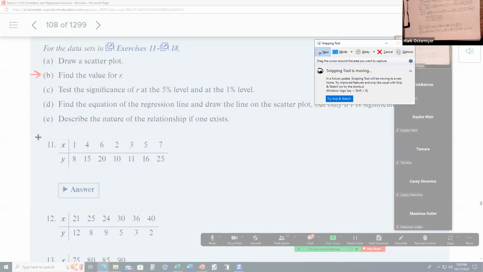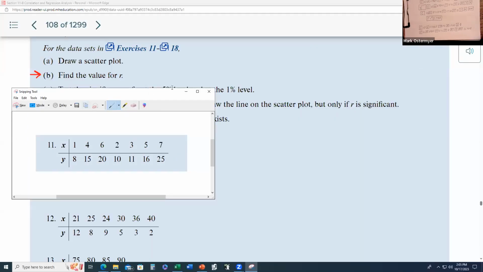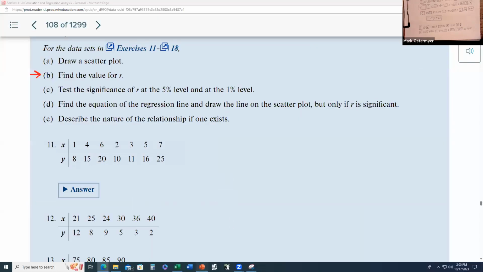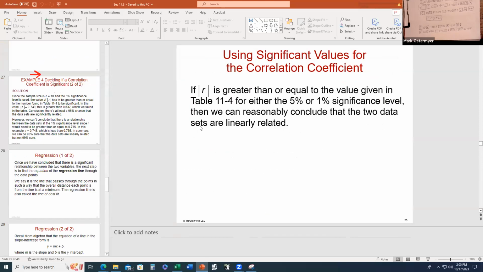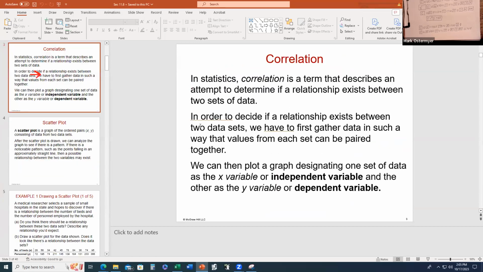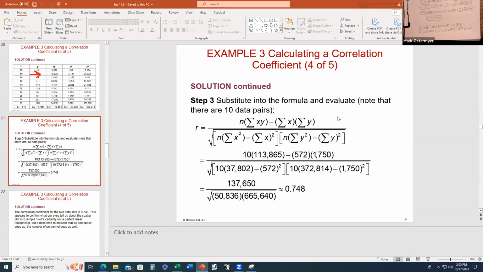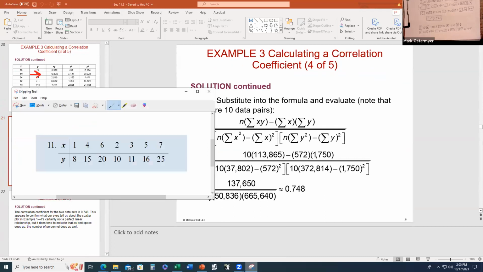And I'm going to snip this ordered pair data set here. There we go. And then I'm going to bring back the PowerPoint presentation, ladies. I'm going to go back to that correlation coefficient formula R. Where was that thing here? Yeah, right here. Okay.